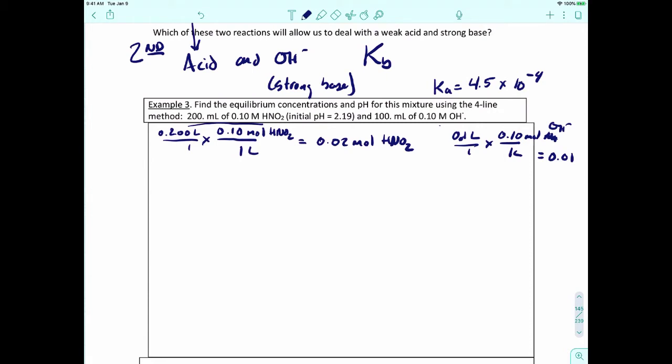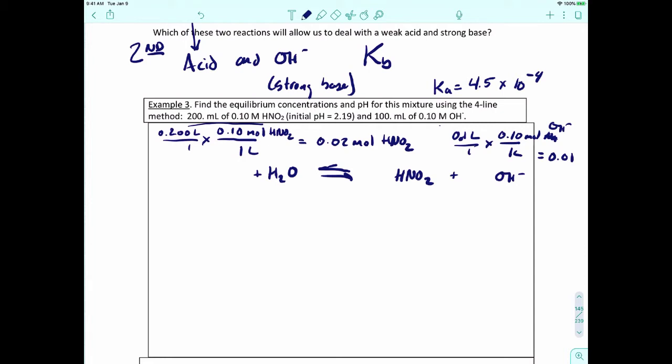Okay, so what I'm going to do is set it up as a reaction. Your weak acid is HNO2, so I'm going to put that on the left hand side. Your strong base is hydroxide ion. I'm going to put that on the left hand side. This is in equilibrium with water and the weak conjugate base.